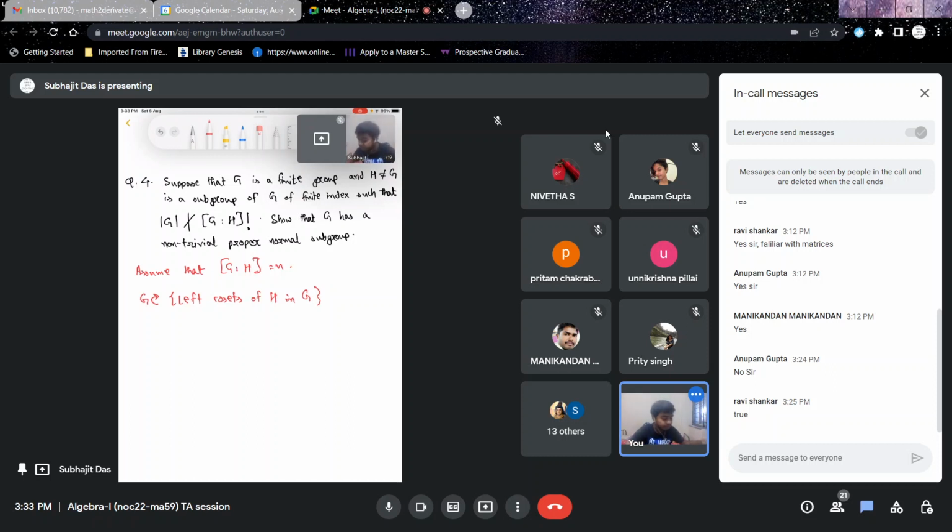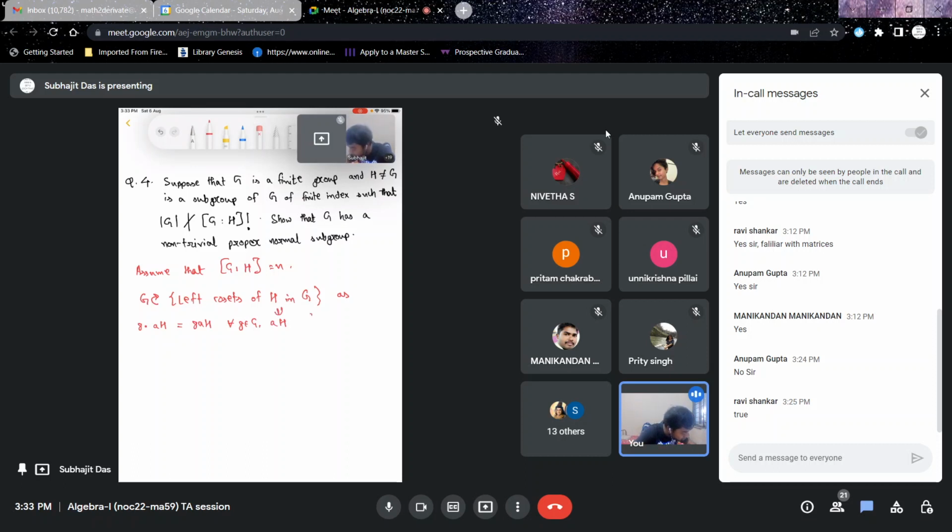We are getting closer to what we want to achieve. So G acts on left cosets of H in G as follows: you take a group element g, it hits some coset aH and moves it to gaH, for all g in G and aH in this set.